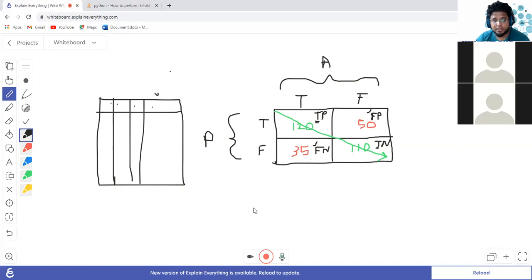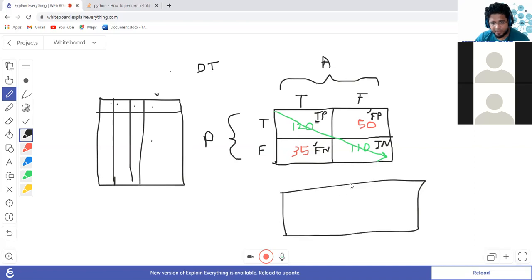So suppose we have this data, and the decision tree had this type of arrangement. Suppose another model, logistic regression, had something else. This was 110 and this was 80.